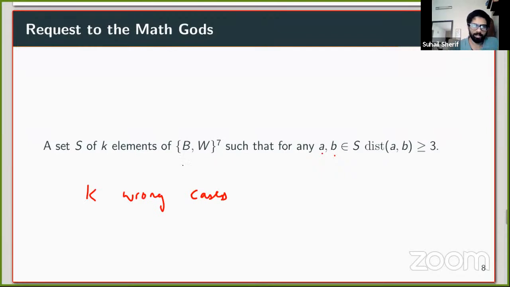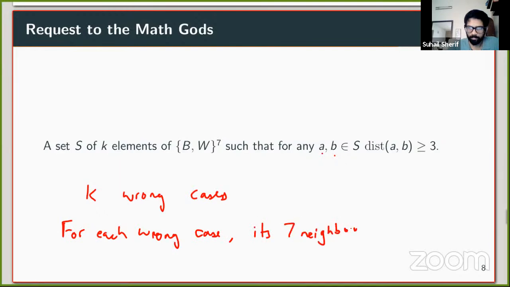So for each of these wrong cases, its 7 neighbors will each have exactly 1 correct, because none of the other wrong cases have interfered with it.